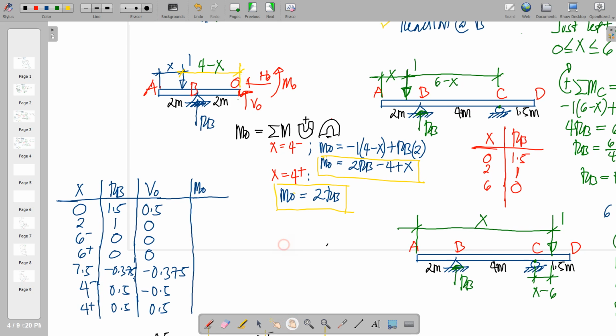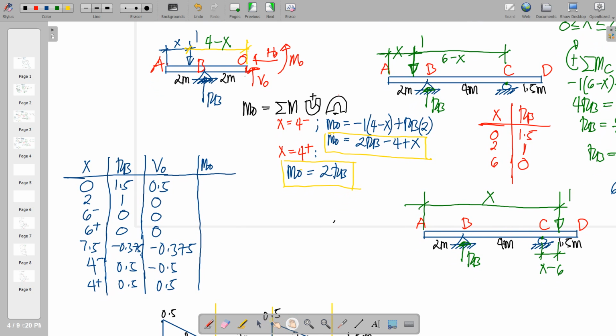So let us have the tabulation. When x is equal to 0, of course, still we use this equation. Okay. So x here is 0. We have negative 4 and 2 times 1.5. So 2 times 1.5 is 3 minus 4, that is negative 1. Okay, that is negative 1.